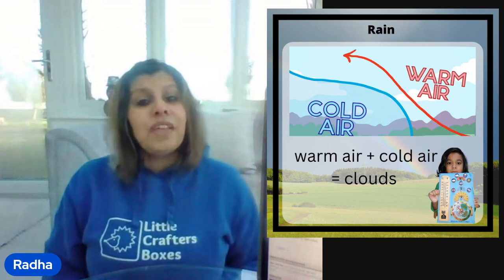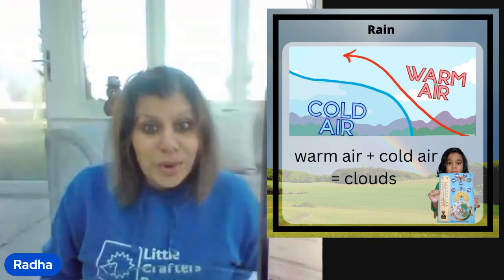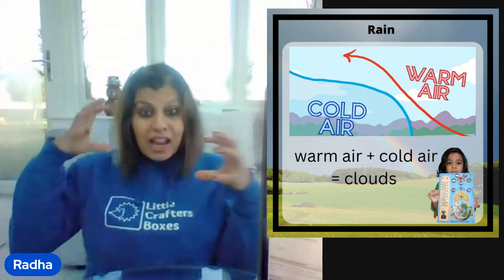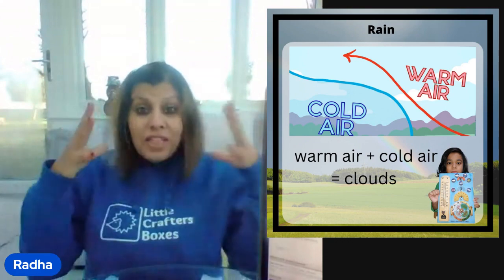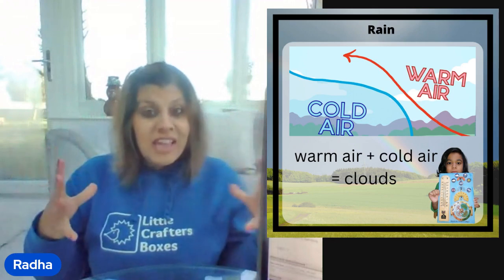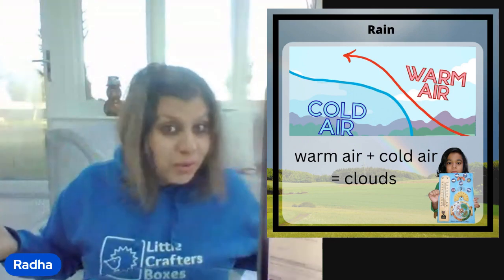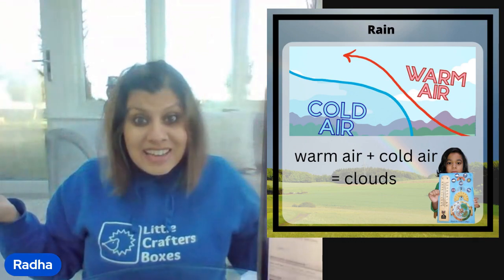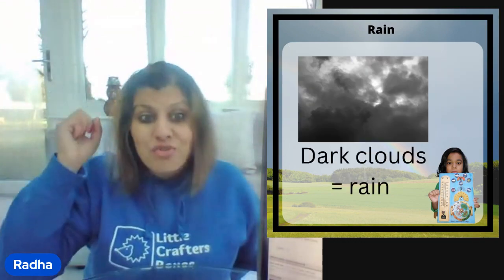Some things that are useful to know when you are looking for clues is that when warm air and cold air mix together, that's when you get clouds. And obviously we know what clouds do, don't we? When we get lots and lots of clouds, what do you get? You get rain.